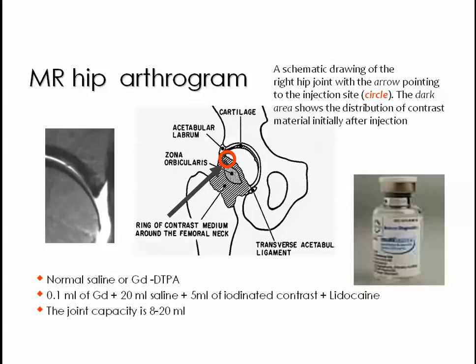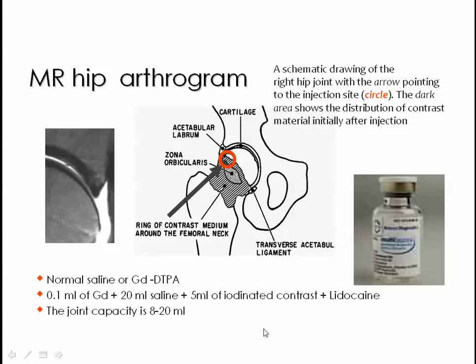Whenever you need to evaluate the acetabular labrum, then you should have an MR arthrogram. And this diagram shows the point where we inject contrast media in the hip joint.